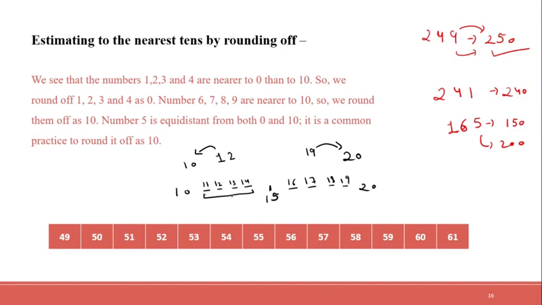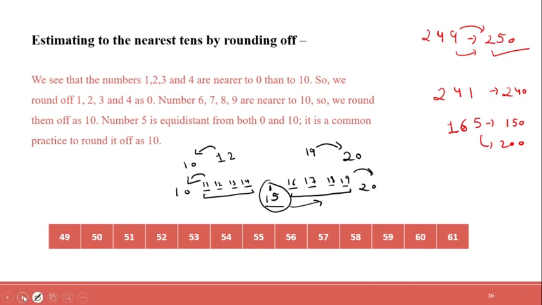That means four numbers here, four numbers here, and a 15 in the middle, right? So if the number is one among 16, 17, 18, 19, then we will round it off to 20. But if the number is 14, 13, 12, or 11, then we will round it off to 10. But what about 15? Although 15 is in the middle, we always round it off to 20.